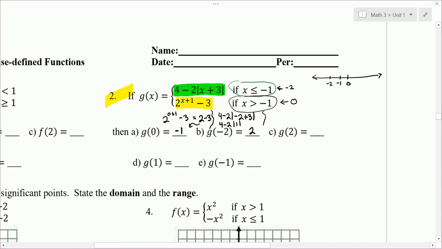Then next, part C, we're going to plug in a 2. Well, again, which restriction does 2 belong to? It belongs to the one on the bottom. And so we're going to get 2 to the power of 2 plus 1 minus 3, which is 2 to the third power minus 3, or 8 minus 3, which is 5.